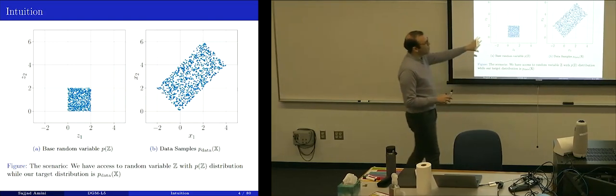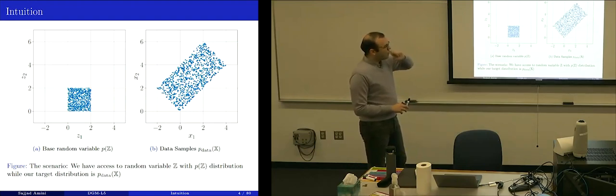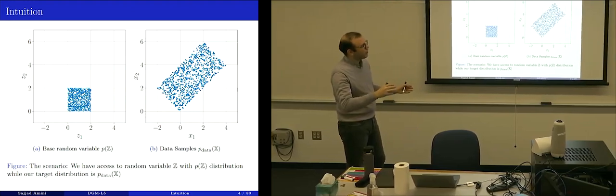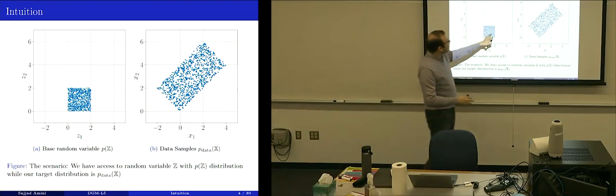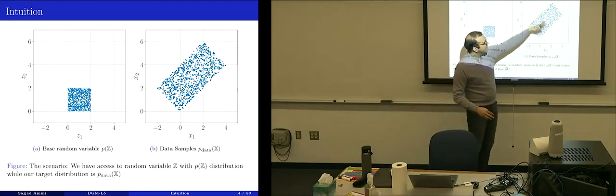So this is a two-dimensional uniform distribution, okay? But my data is coming from this distribution. It has some rotation, it has some shrinkage and expansion, but I do not have access to something that can model the data distribution.